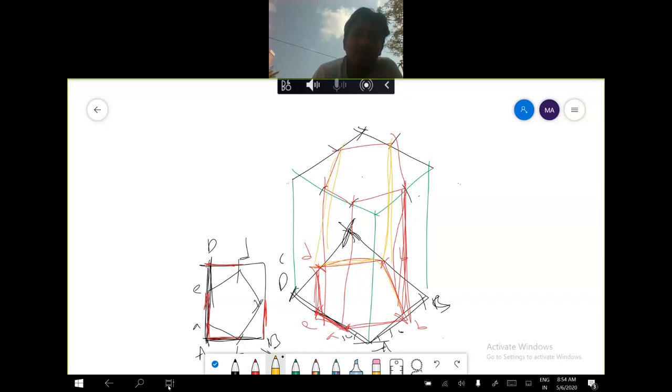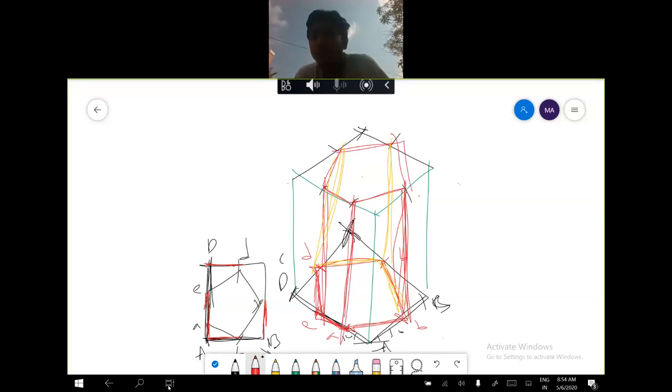This line cannot be visible. Understand? These are invisible parts. These are visible parts. This is an invisible part. Understand? You have to draw the visible parts dark. Invisible hidden parts will be drawn with dotted lines. Understand? In this way you have to do it.